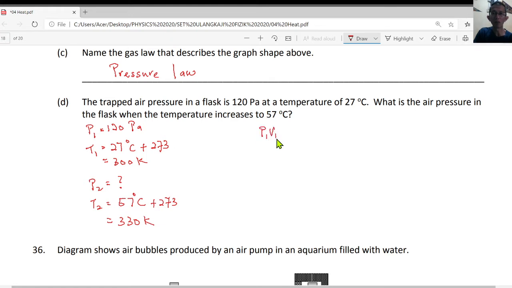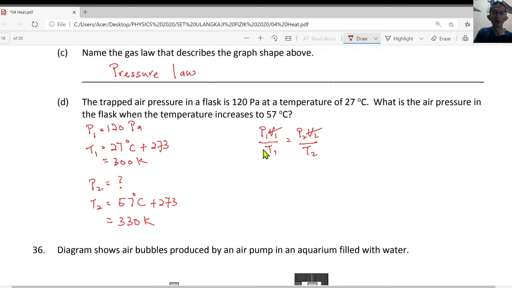Next we apply our universal gas law equation: P1 V1 over T1 equals P2 V2 over T2. In the question, I am not given any info on the volume. So we assume volume to be constant, hence I can cancel my volume out.